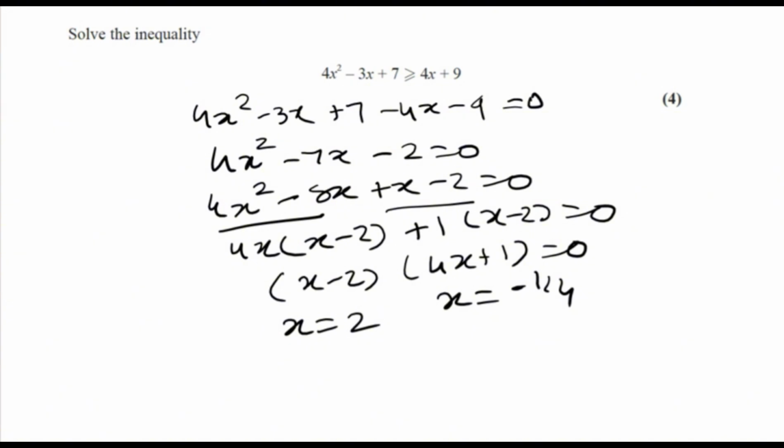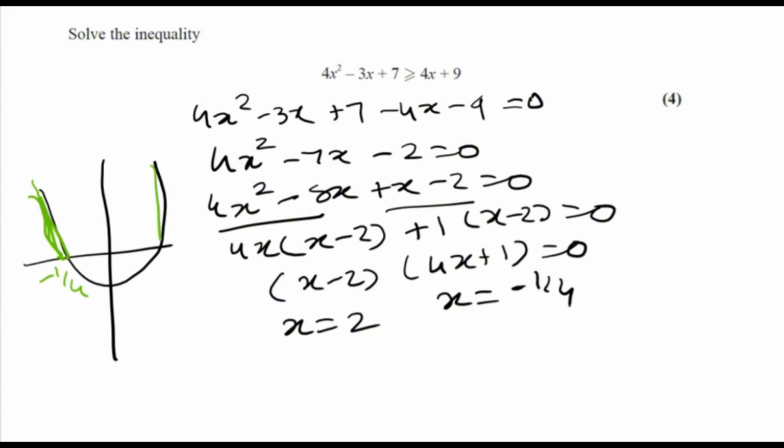Now our inequality is greater than 0. Means when you draw the quadratic graph, these two values, this side and this side, this is our point which is minus 1 over 4 and this is 2. So we are getting this and this as our solution.